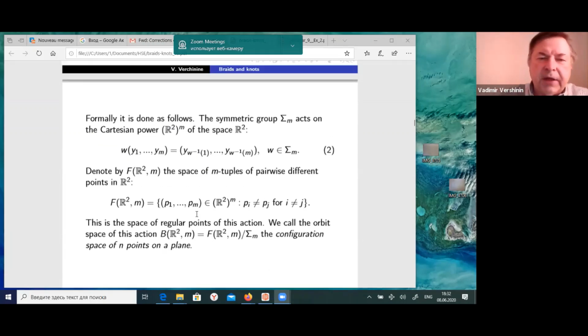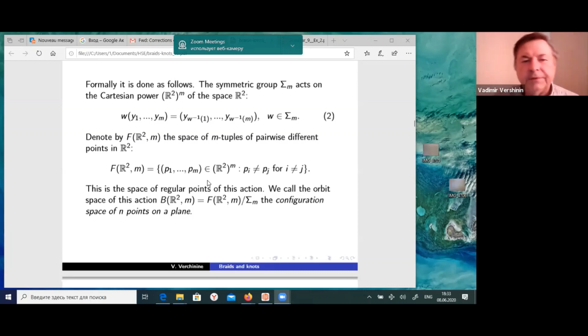It means that when you make permutation of these points, you always have in your orbit the same cardinality. This is what is sometimes called the configuration space of M different points in R2.